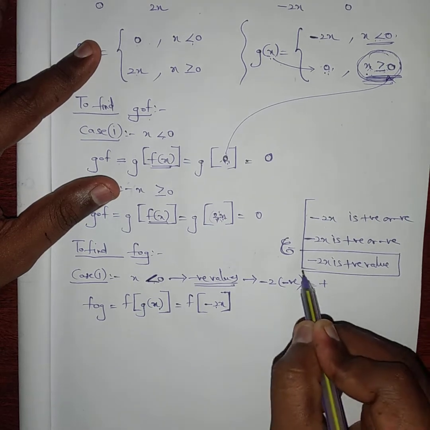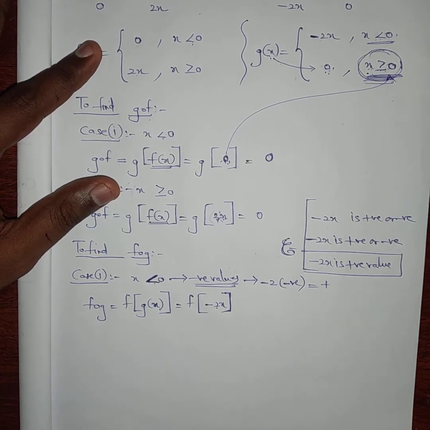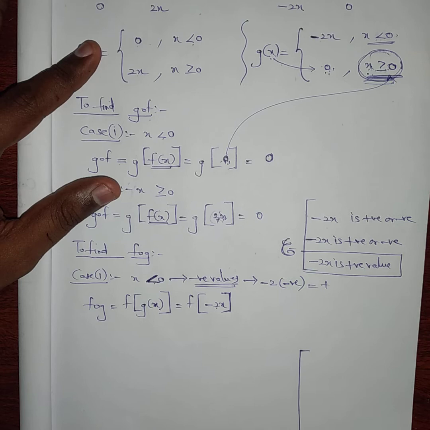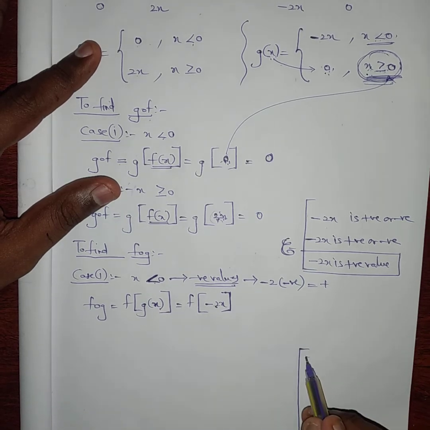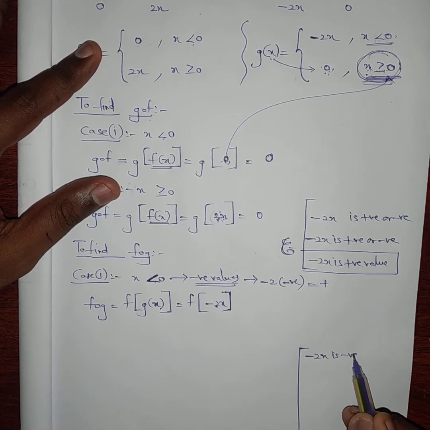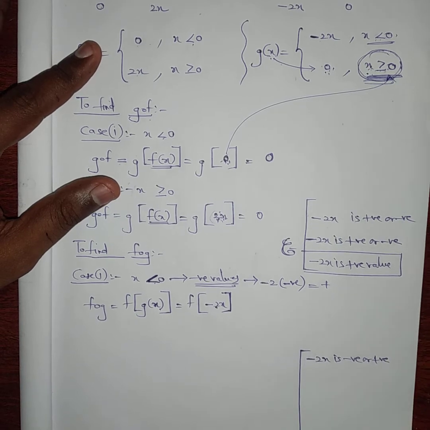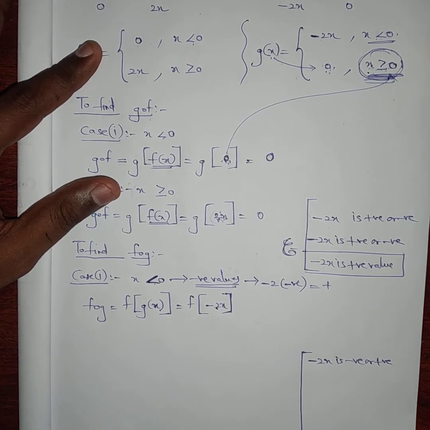It's very important, I am telling once again, listen carefully. I want to choose whether this minus 2x is a negative or positive value. How am I going to choose?